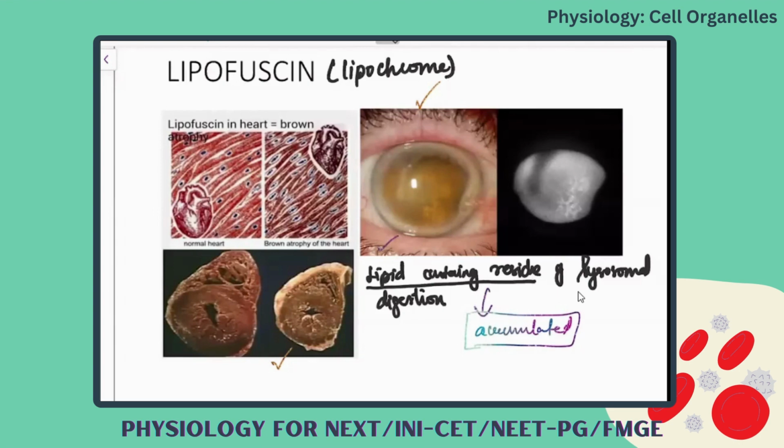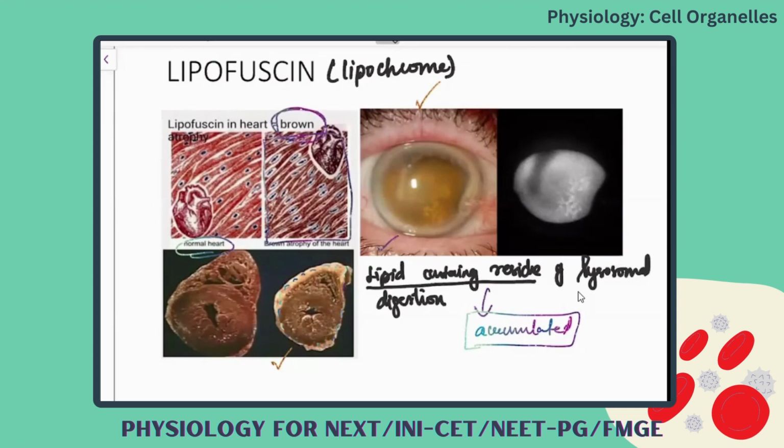And this is also seen in the heart. This is how the normal heart looks, and here you see the yellowish discoloration in the gross structure. But most commonly we will not see the gross for our examination purposes. We will see the histological picture. So you see the brownish deposition.